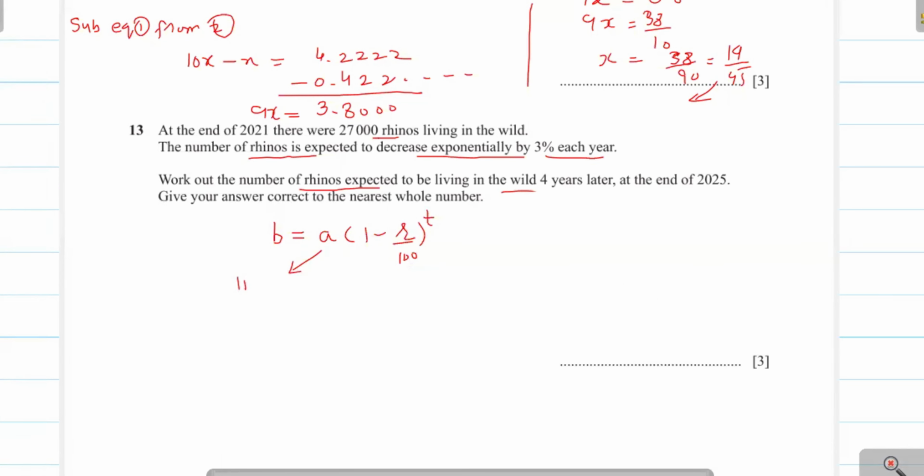We can write this as 27,000 into 1 minus 3 over 100, that's equal to 0.97 to the power 4.